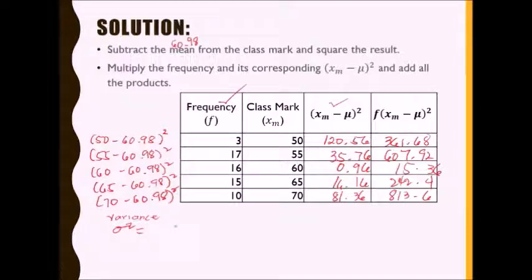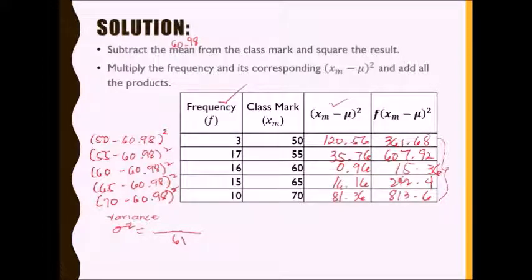Okay, so we will get the summation of all these scores. Since it is a population, we will divide it by the total number of frequencies. Since our frequency is 61, let us divide by 61.